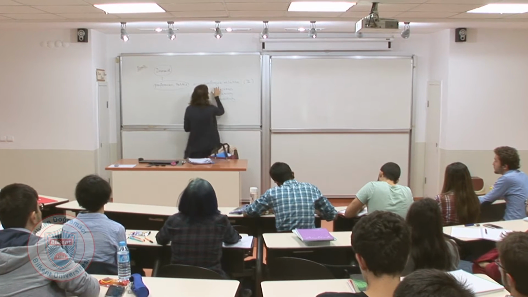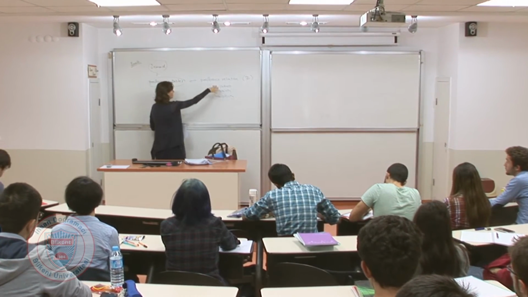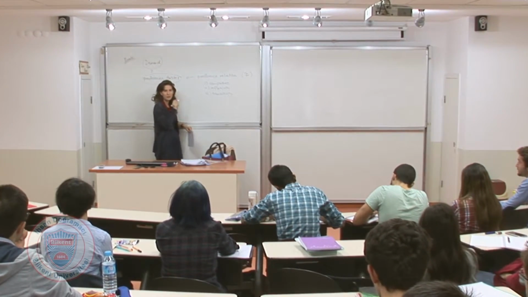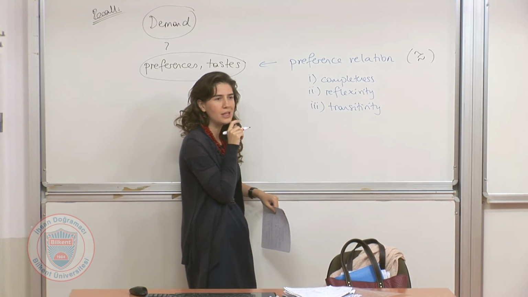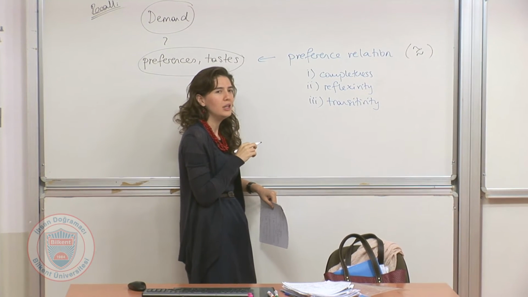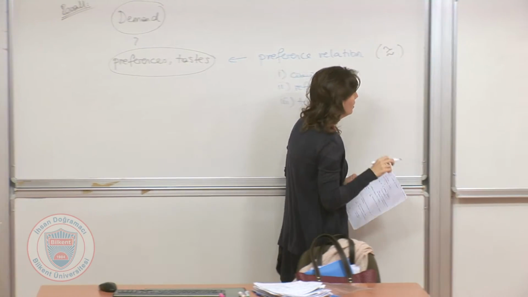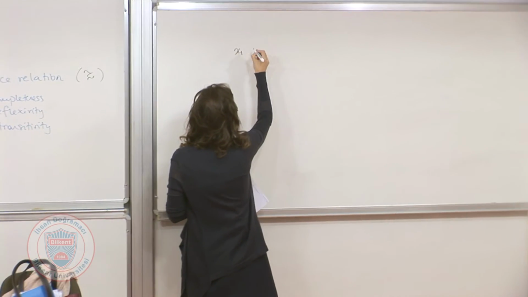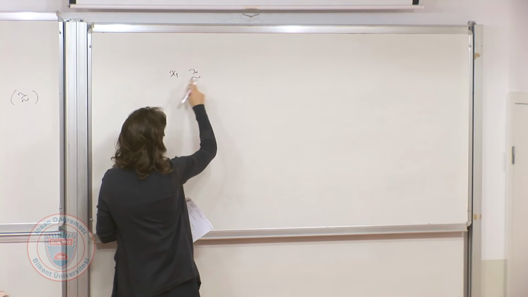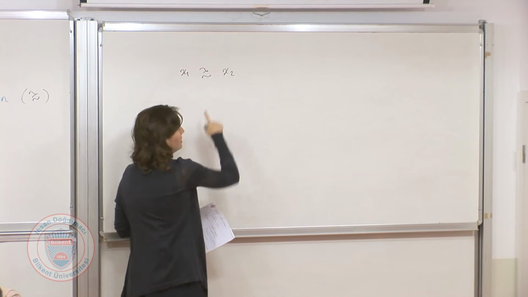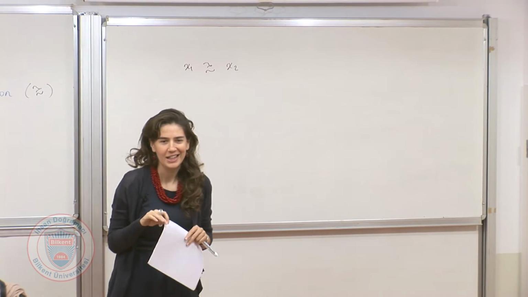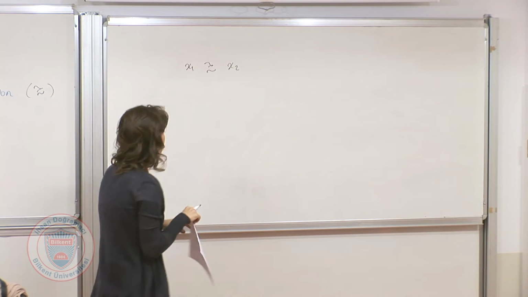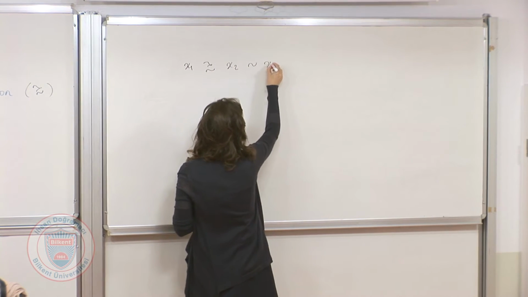We said you can represent your taste and preferences via a preference relation, but if we would like to use numbers, suppose I have these bundles. How are we reading this? Remember, x1 was at least as good as x2. And then how are you reading this?